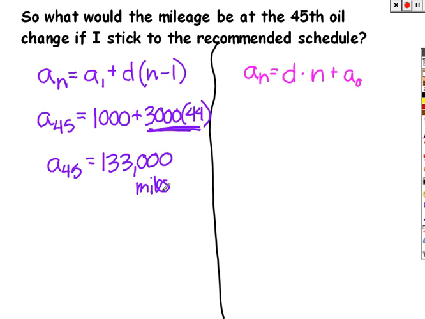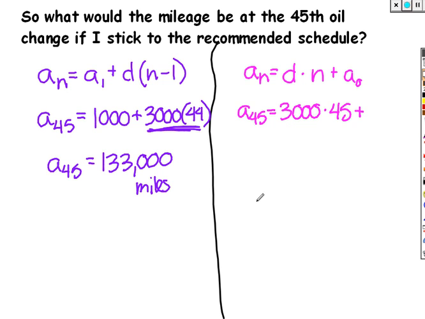If you like thinking of it as that y equals mx plus b, then maybe you went with the second equation. So to find the 45th oil change, your rate of change or your slope is 3,000. I'd be multiplying that times 45, and then the y-intercept, or that b value of y equals mx plus b, would be the 0 term.